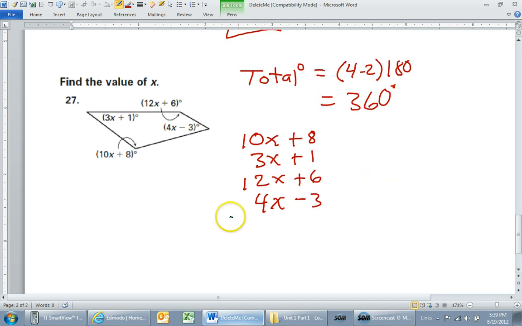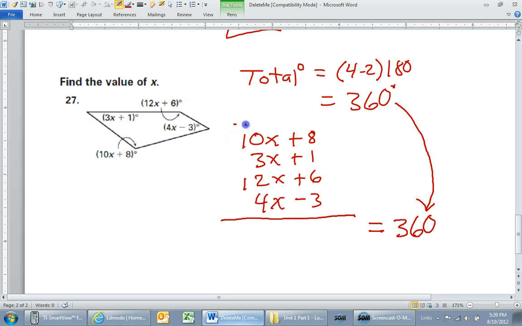If I add all these up, the total should equal 360 because we know that is the total degrees of any quadrilateral.